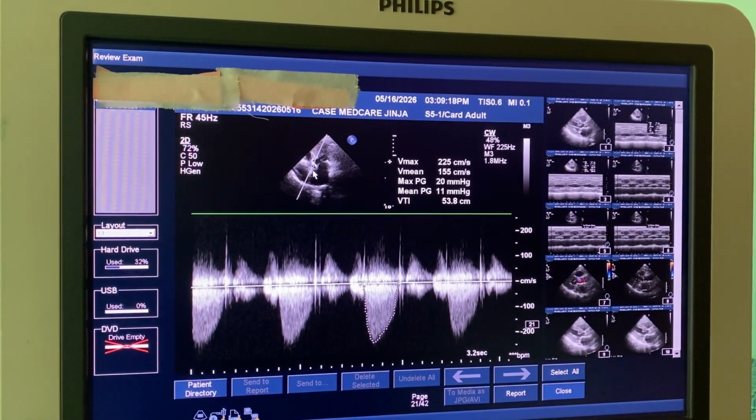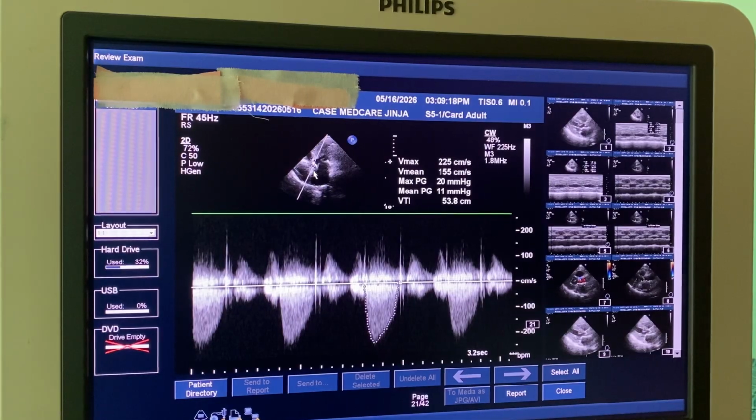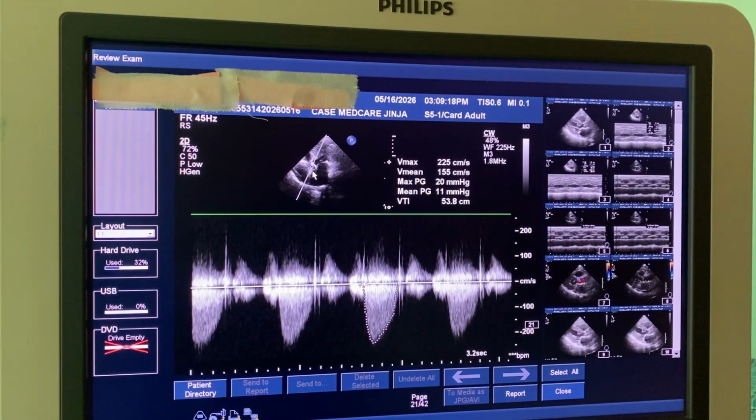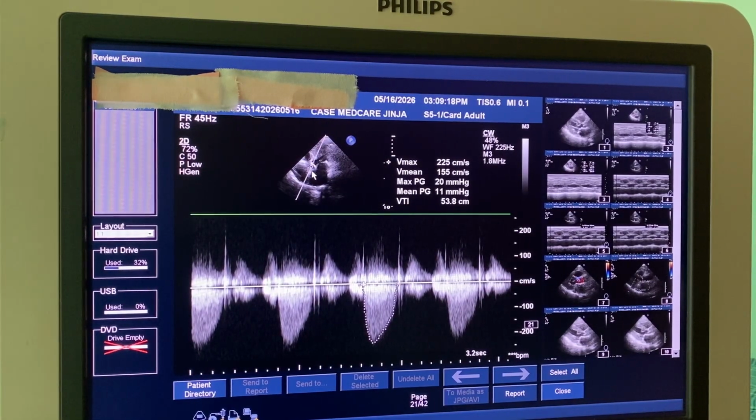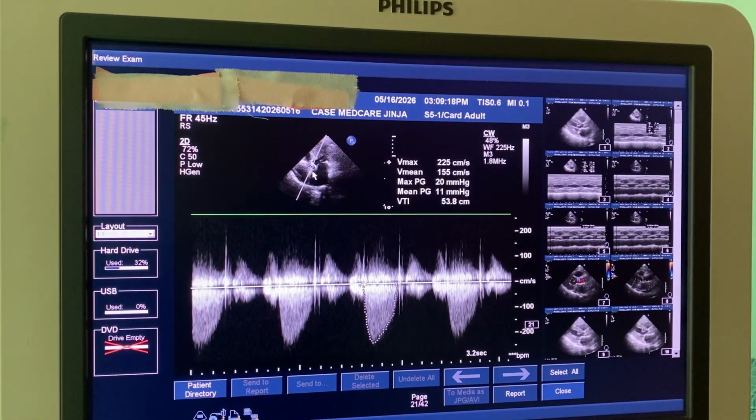For severe AS, we need an area less than 1. If the area is less than 1, then that is severe aortic stenosis.